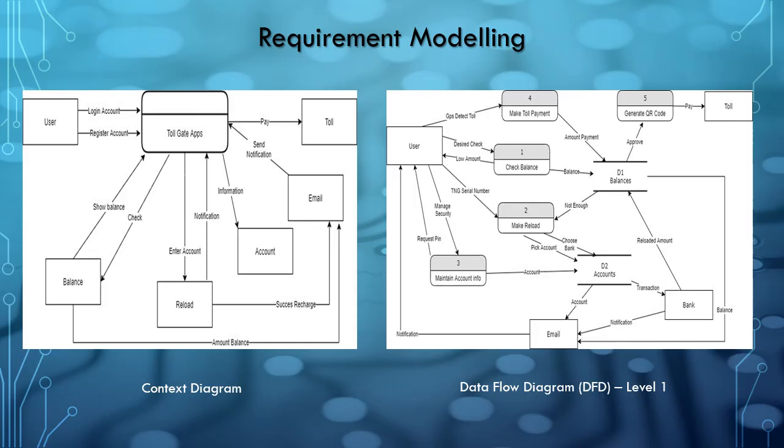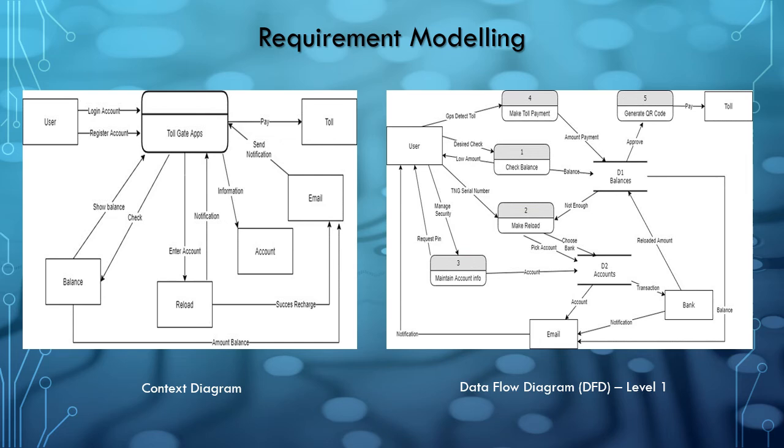Requirement modeling. Inside the requirement modeling, we have the context diagram, data flow diagram level 1, and data flow diagram level 2. In the context diagram, we know that the user can log in and register an account to the tollgate apps. The user can check the balance, and the balance notification is sent by email, or we can check the balance through the apps.